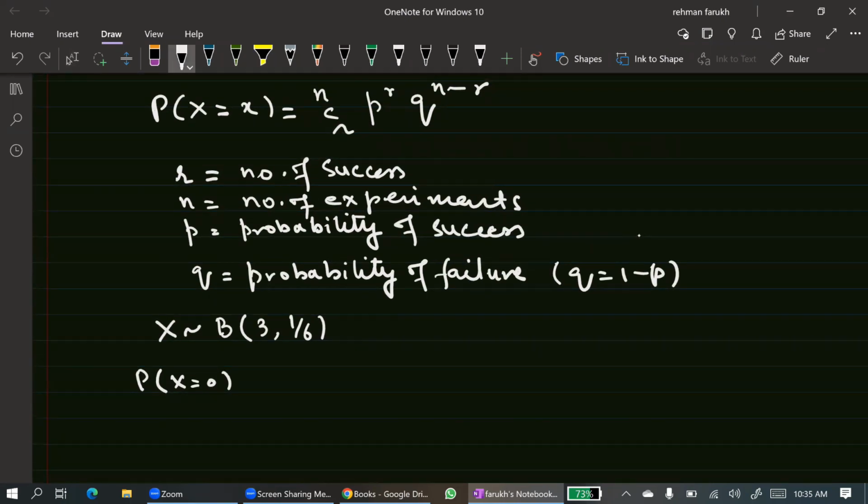We will put all these values in the probability density function. Here we have nCr. N is 3, r is 0. Probability of success is 1 by 6 and p power r, that is 1 over 6 power 0.